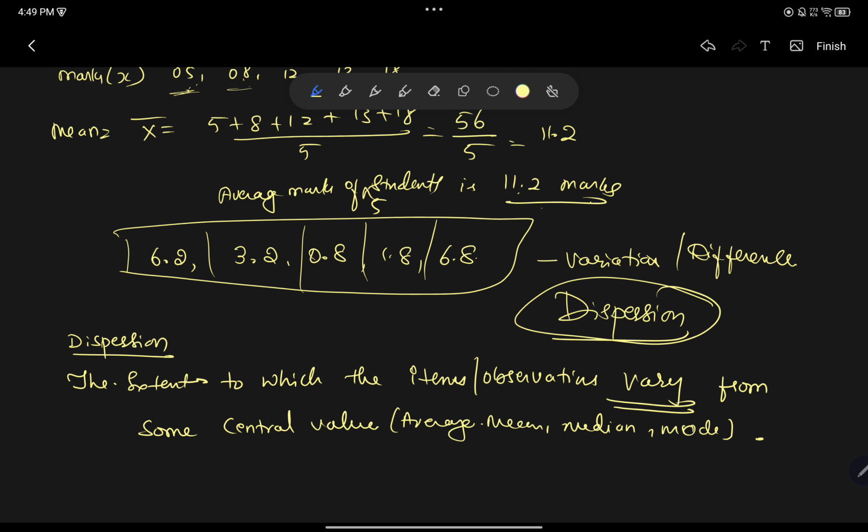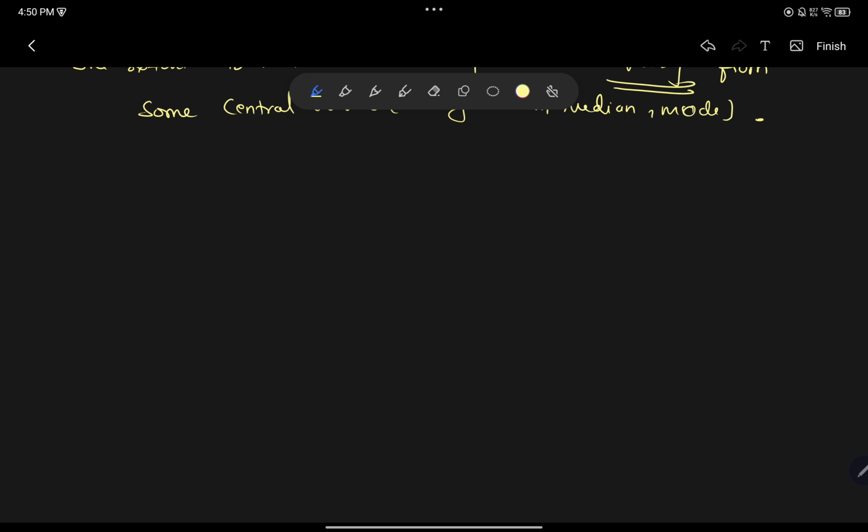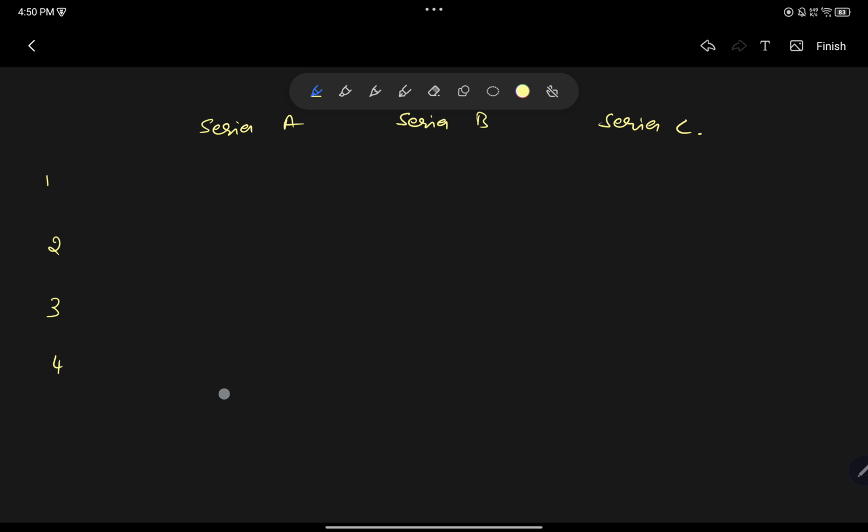Here you can see the dispersion is more. Or you can say, a kind of less dispersion, high dispersion, very high dispersion, like that. I can give you one more example, but taking three different series. Okay, let's take series A, series B, series C. Let's take any 5 items, 2, 3, 4, 5.